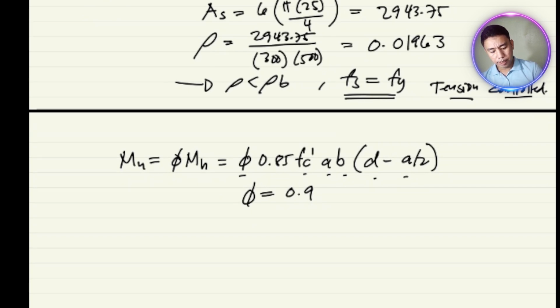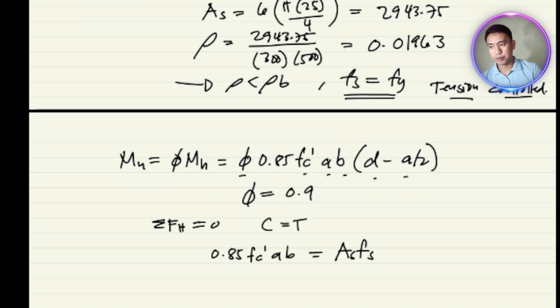Di ba, ang a natin is makukuha dun sa summation of forces along horizontal. That is equal to 0. That is C is equal to T. Compression is equal to, ano yung compression? 0.85 fc prime a b. This should be equal to tension of As Fs.